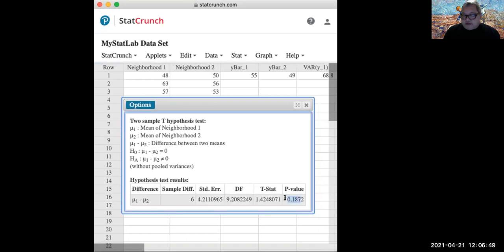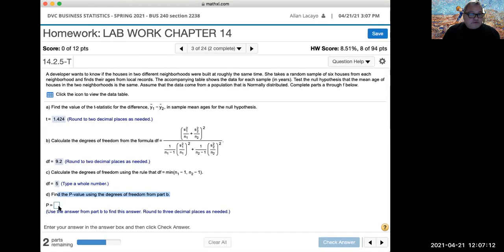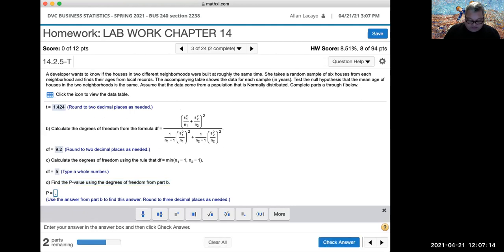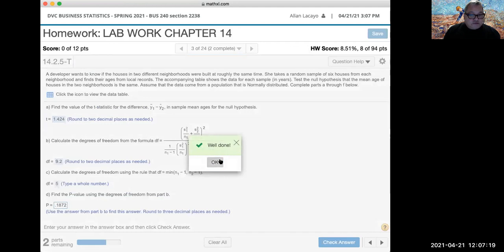This p-value of 0.1872 is the relevant probability under the null hypothesis that 0 is the actual difference in age between the houses in neighborhood 1 and neighborhood 2. So I'm going to go back to the problem and simply put in the calculated p-value using StatCrunch.